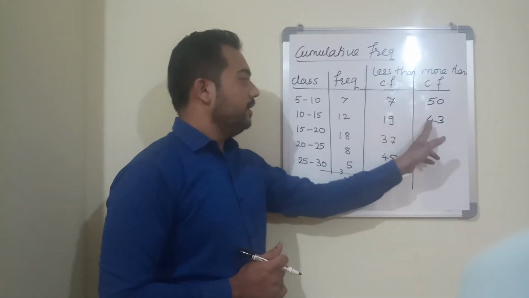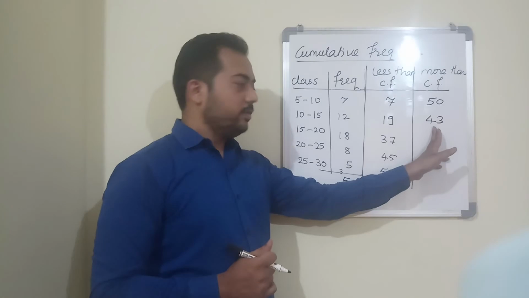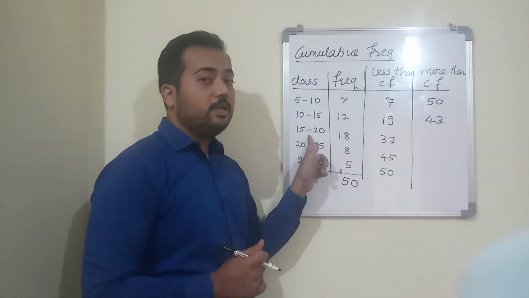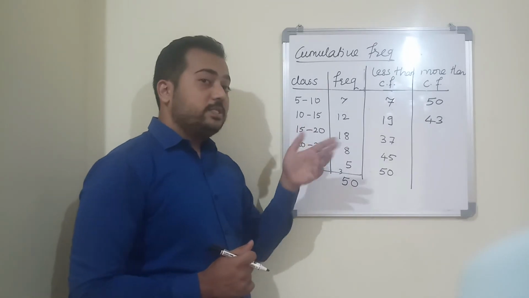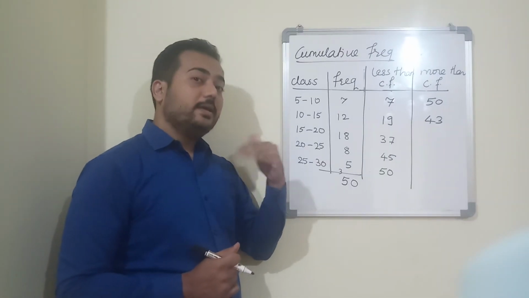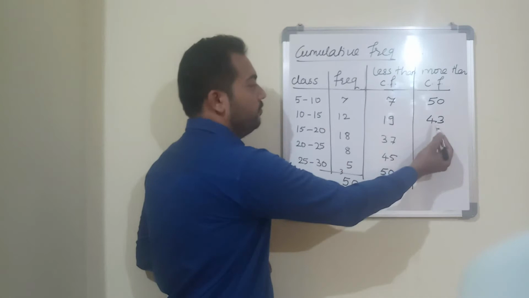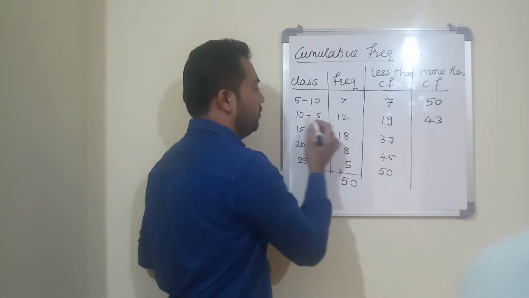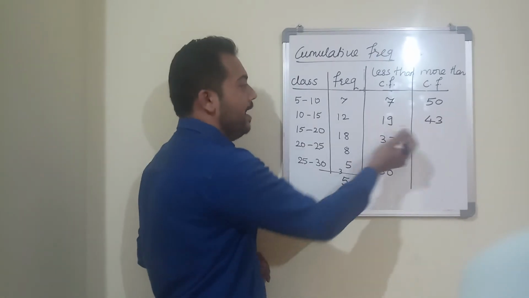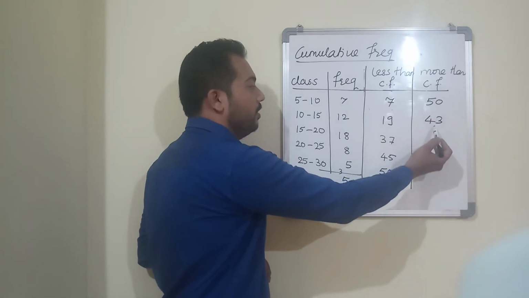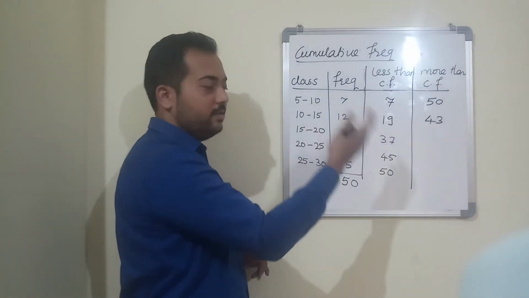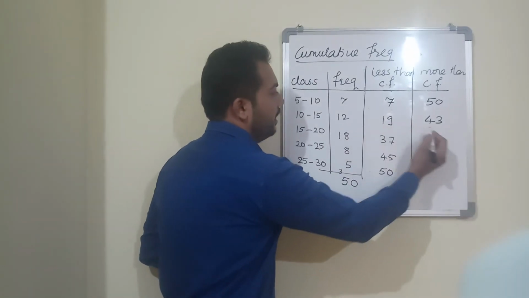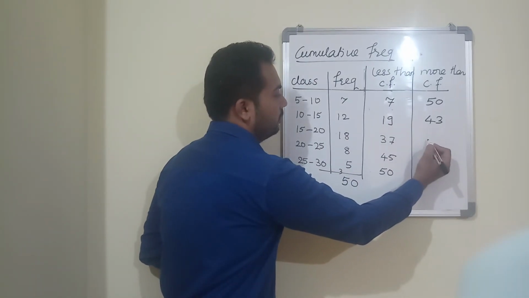Okay, then the next thing, you have to find the cumulative frequency for 15 to 20. How many values are there which are more than 15? So the values which are less than 15 have to be subtracted. So 43 minus this value will give you the values which are more than 15. So this gives you 31.